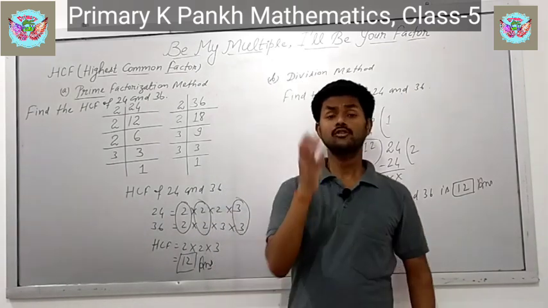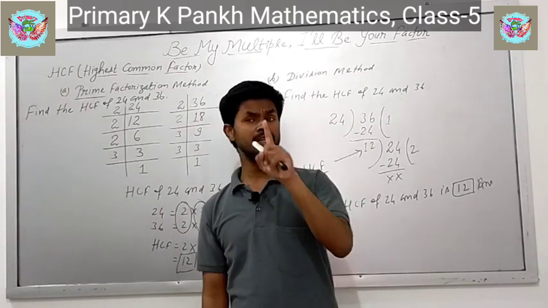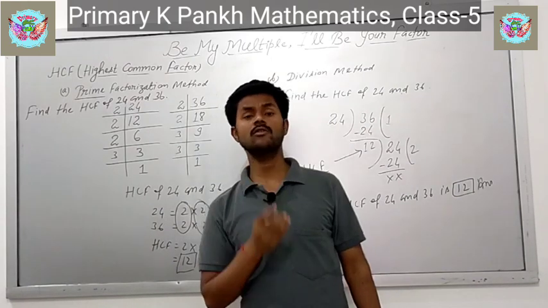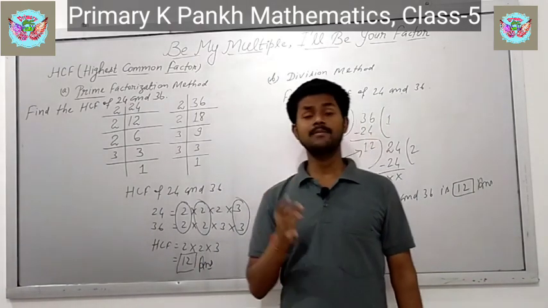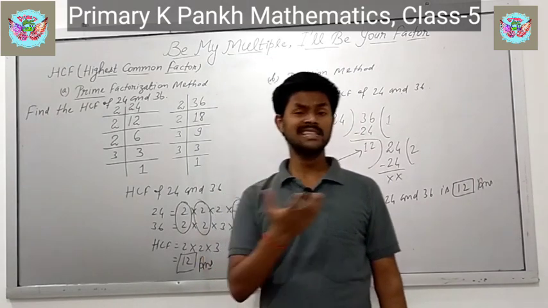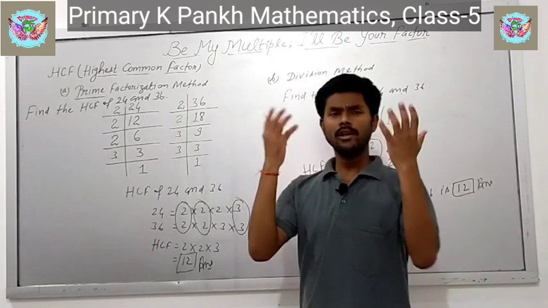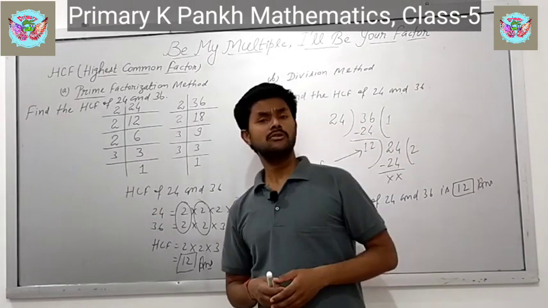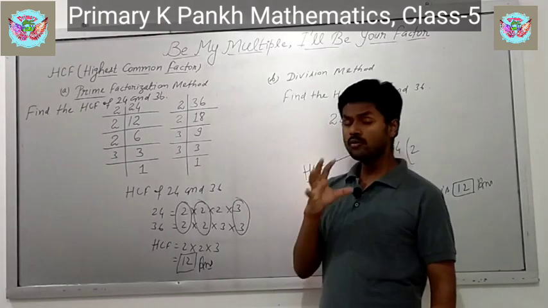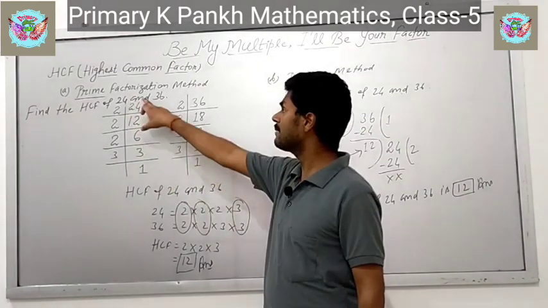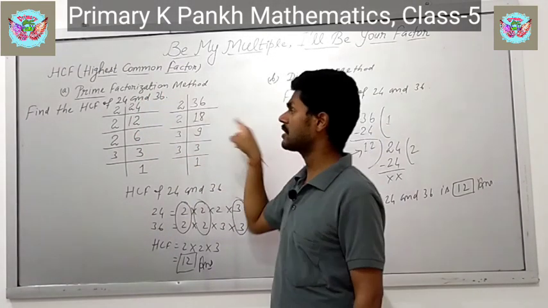For example, 2 is a prime number because 2 is only divisible by 1 and itself. 3 is also a prime number, and so are 5, 7, 11, 13, 17 and 19, and so on. You have to divide only by prime numbers, because the name of this method is the prime factorization method.